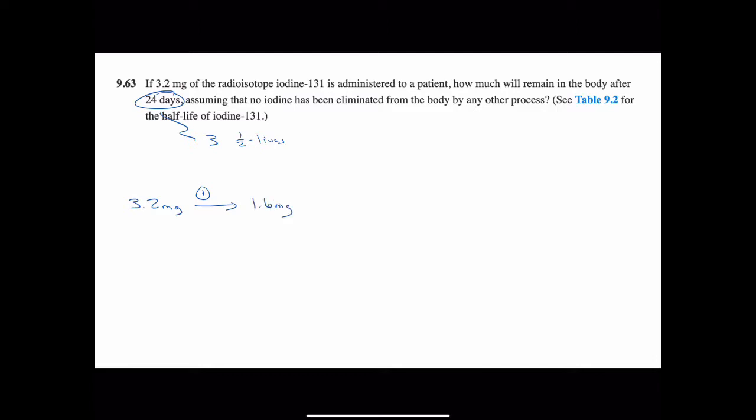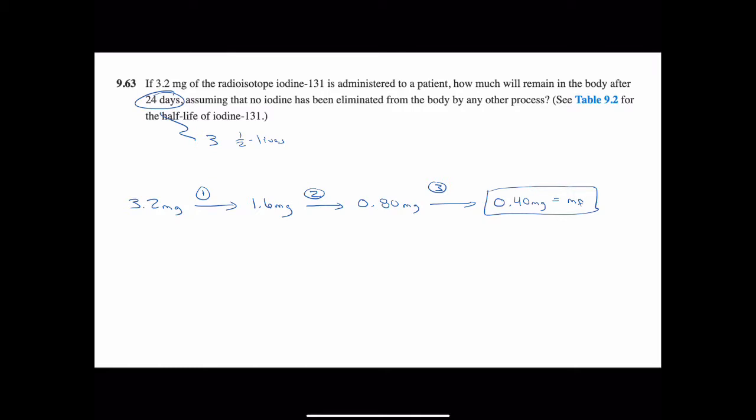So that's 1 half-life, and I have to go 3 half-lives. So I do it again, and I get 0.80 milligrams. And then after the third half-life, I divide it by 2 again, and I get my final answer, which is 0.40 milligrams, which is equal to my final mass.